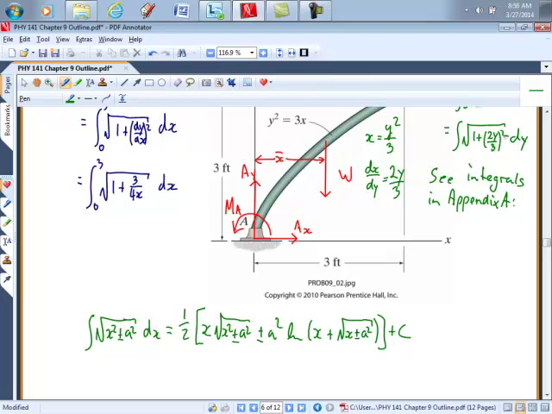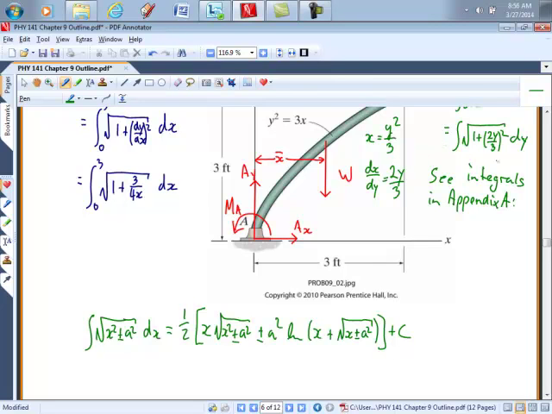So I've got a y squared term in here, so I want to have the y squared term by itself. So how am I going to get rid of this 2/3 in here? I could just factor out a constant.